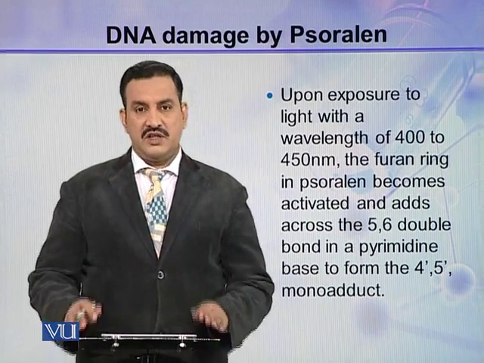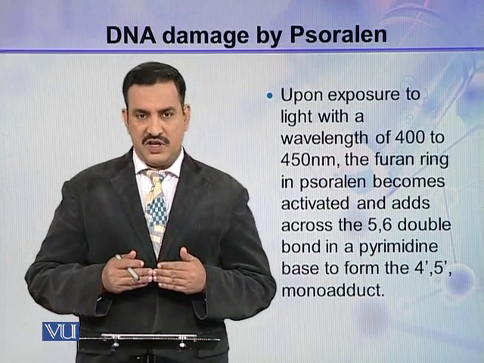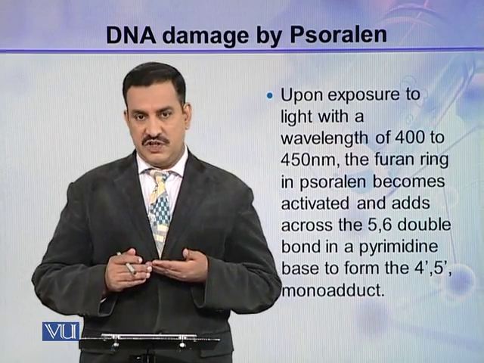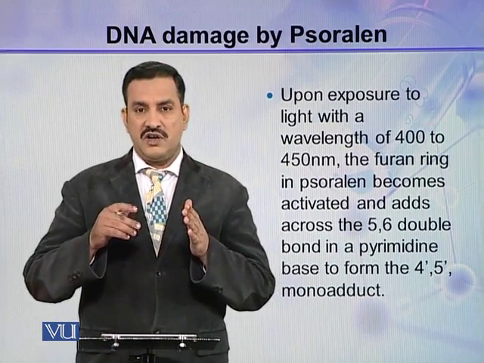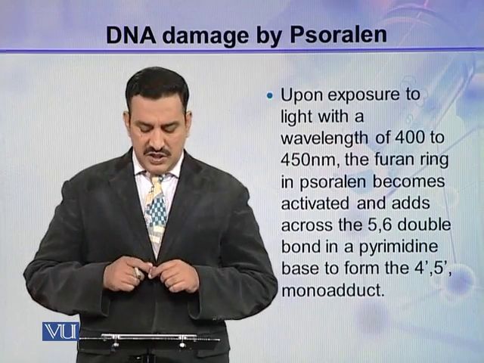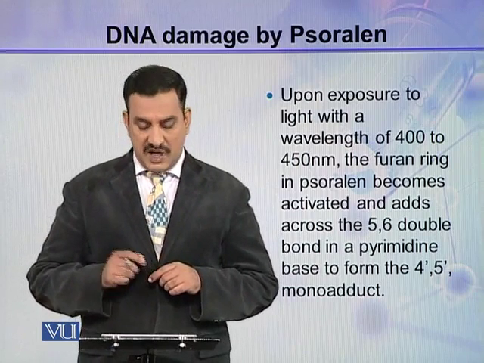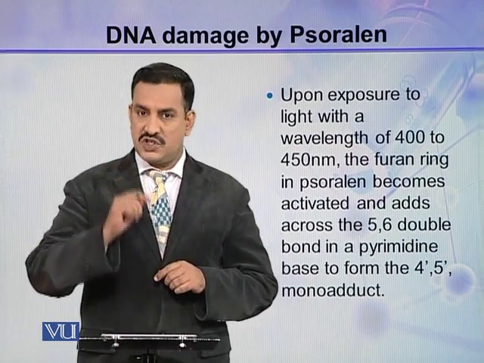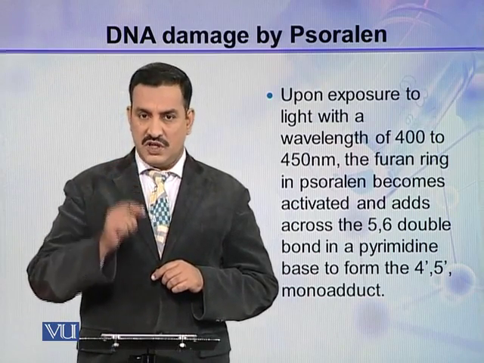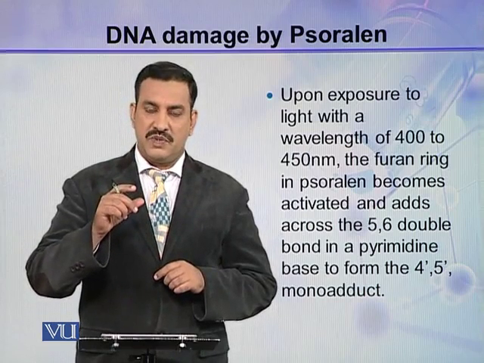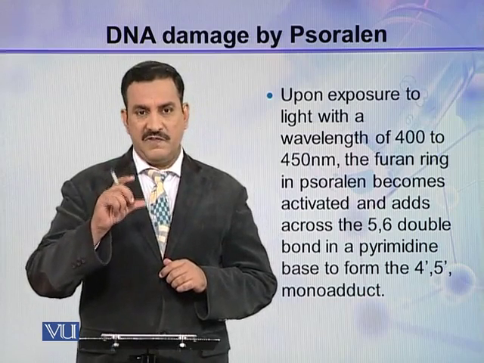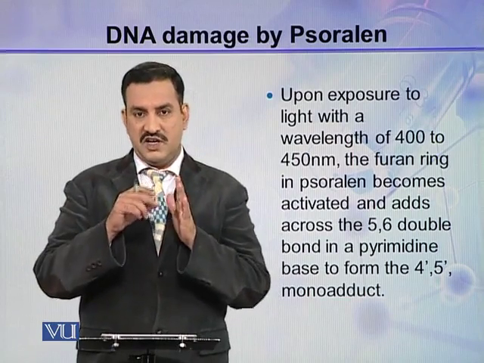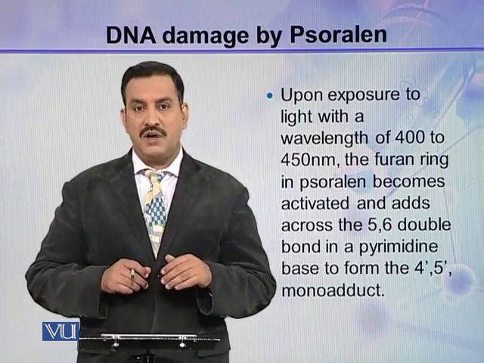So when this psoralen molecule is photoactivated, its furan ring is activated, and this furan ring adds to the pyrimidine base at the carbon 5 and carbon 6 double bond, because in a pyrimidine there is a double bond present between carbon 5 and 6. So here this furan is added, and in this way it forms a monoadduct.